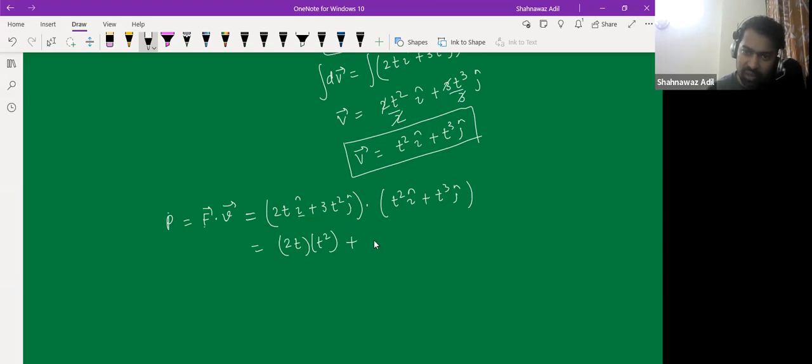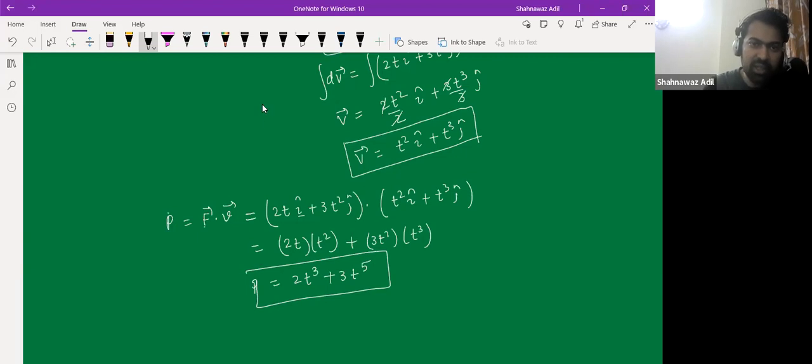Then j dot j gives 3t square times t cube. So this is 2t cube plus 3t^5. So that is the power.